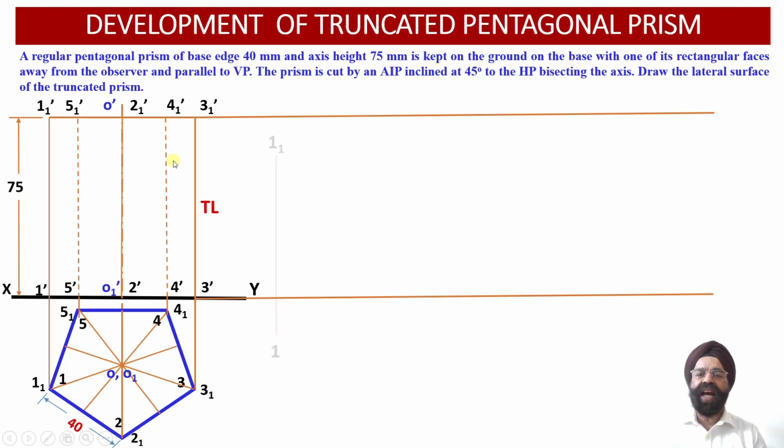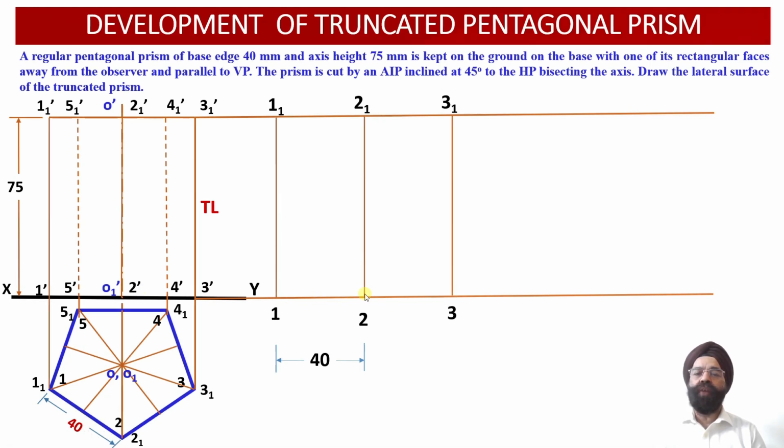So now let us start with point 1 1 and 1 over here. That is, we are going to start the development of this pentagonal prism from the point 1 1 and 1. We know the edge length happens to be 40 millimeter, and there are 5 edges in this pentagonal prism. Now we are going to obtain 5 vertical edges corresponding to the 5 edges of the base of this pentagonal prism.